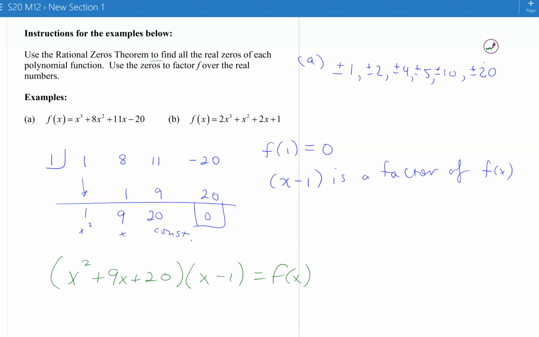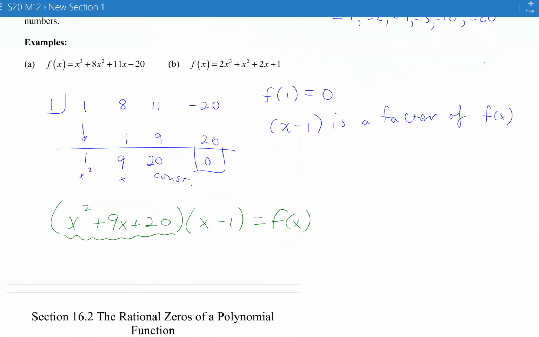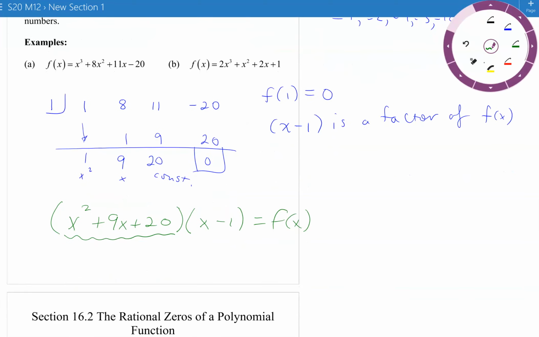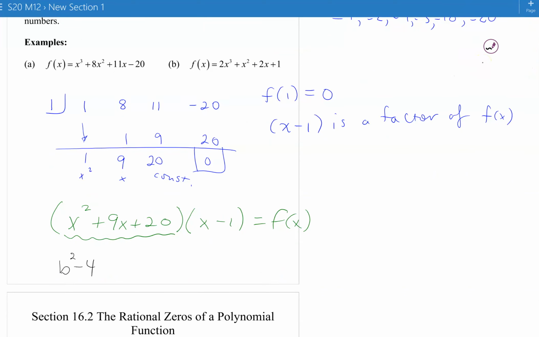We're supposed to find all the real zeros, so we need to also find zeros of this quadratic. Let's check b squared minus 4ac, the discriminant, because that'll tell you right away whether there are any real zeros. b squared minus 4ac is going to be 9 squared minus 4 times 1 times 20, and I can see that's less than 0.